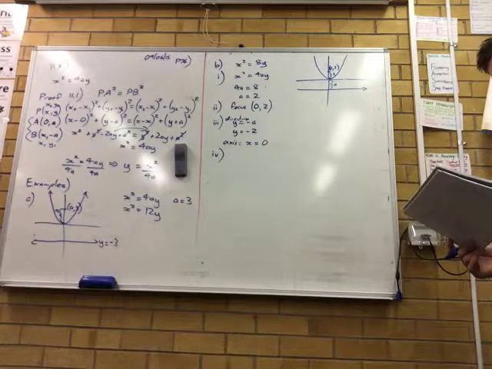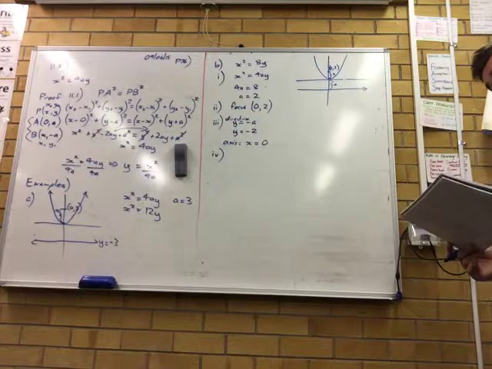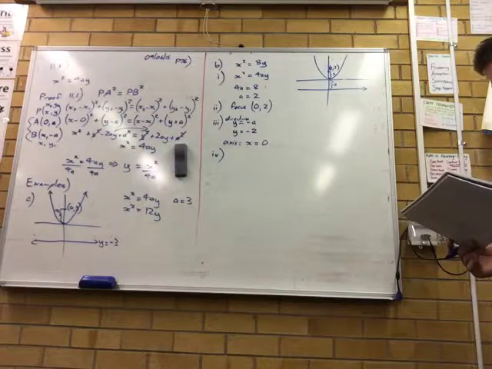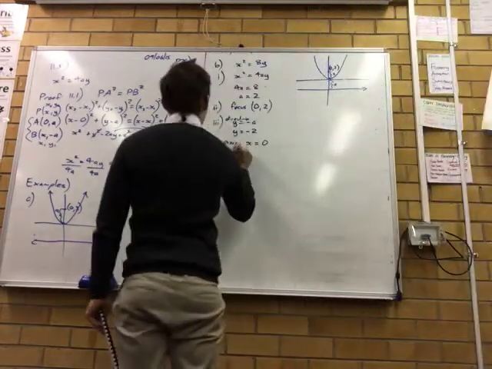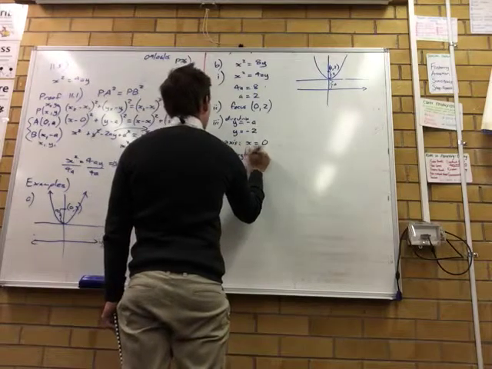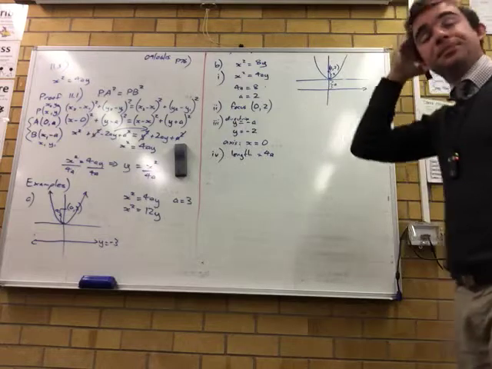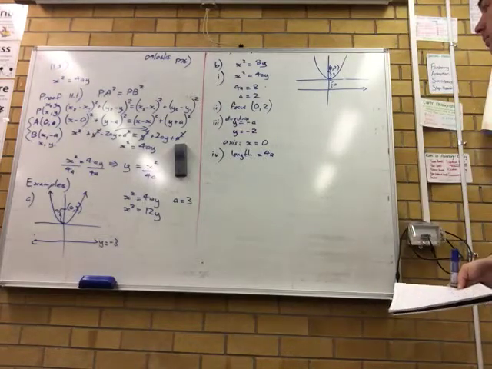Looking at the diagram on page 75, we've got the axis, the latus rectum which is parallel to the x-axis or parallel to the directrix, or perpendicular to your axis of symmetry, and it has length 4a. So the length is equal to 4a, 4 times the focal length.